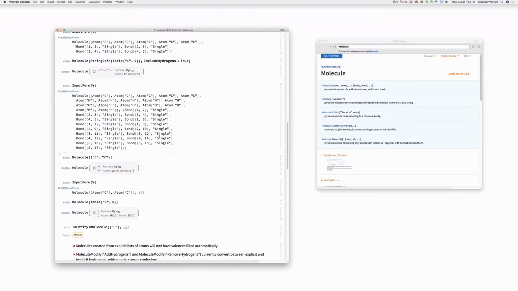The bond list could give that, but it doesn't necessarily need to exist in this input form. So whether or not you see the H's there in the expression should be immaterial. When you ask for the atom list or bond list, you can give the option to include hydrogens, and you can get them or not.